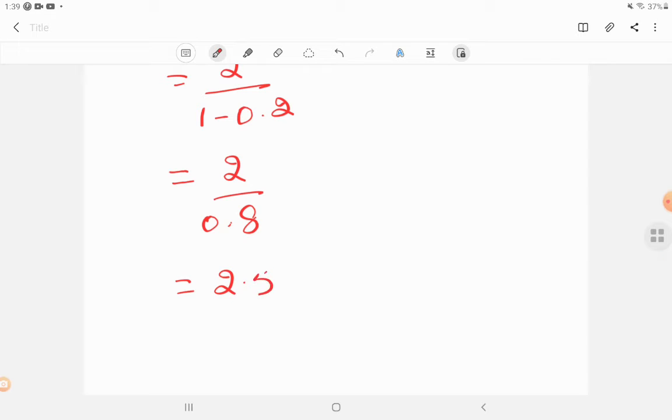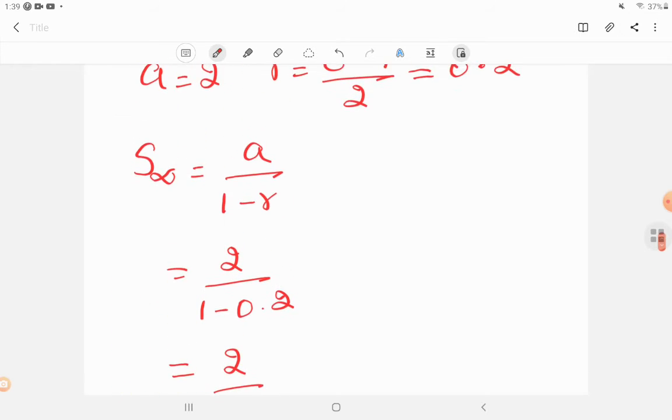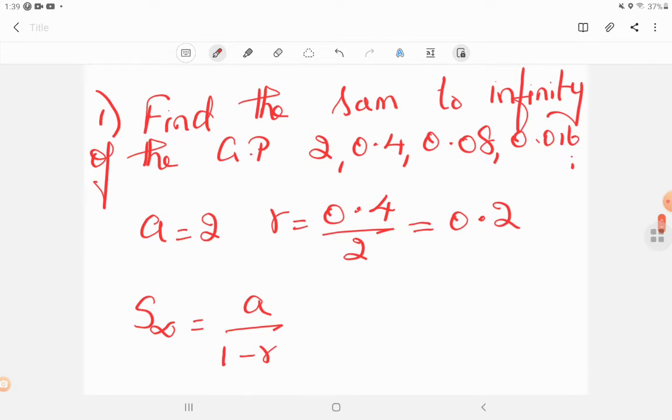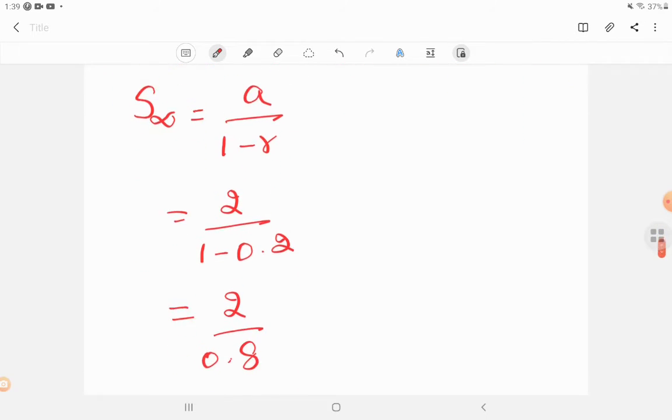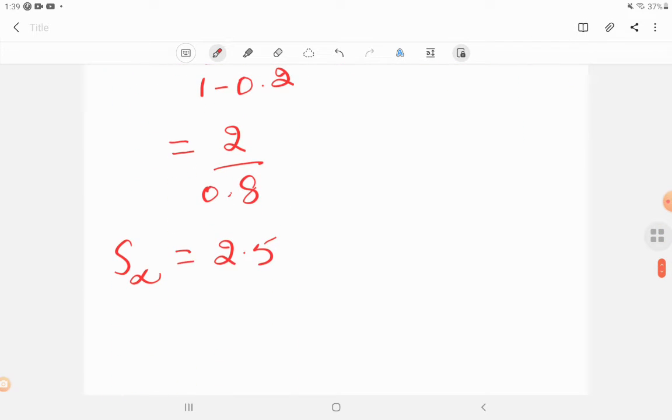So the sum to infinity of the given sequence is equal to 2.5, which means when you add up the sequence altogether, the sum of this infinite geometric sequence gives you the value 2.5. This is only possible when the r value is between -1 and 1, where the sequence converges.